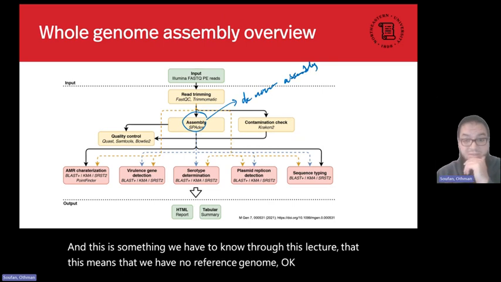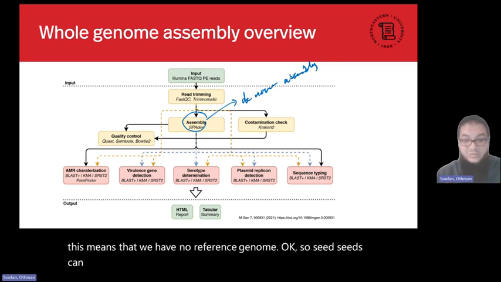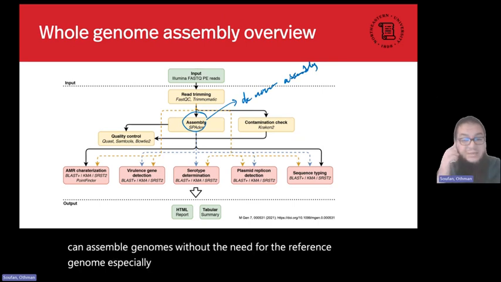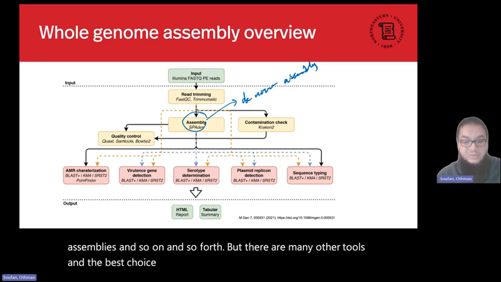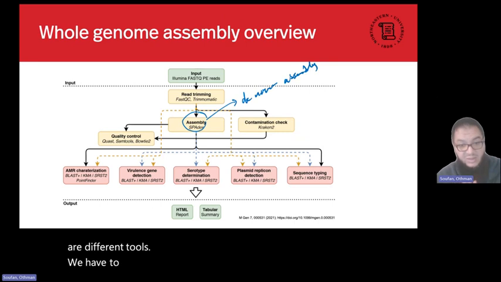So SPADES can assemble genomes without the need for a reference genome, especially for, again, small genomes like bacterial assemblies and so on and so forth. But there are many other tools, and the best choice often depends, always we refer to this, there are different tools, we have to understand them.